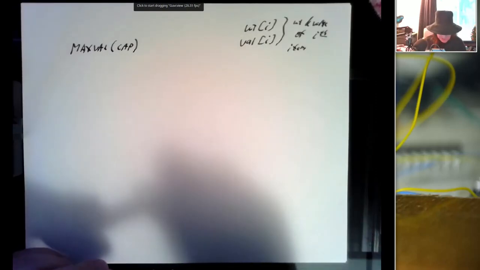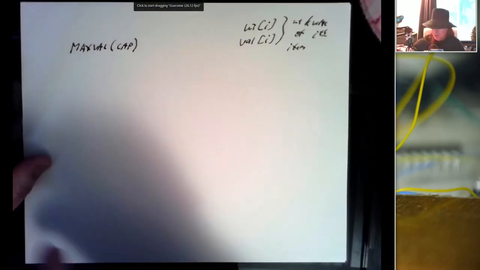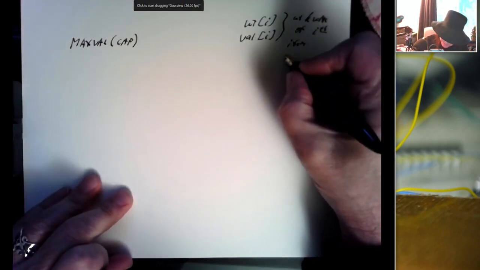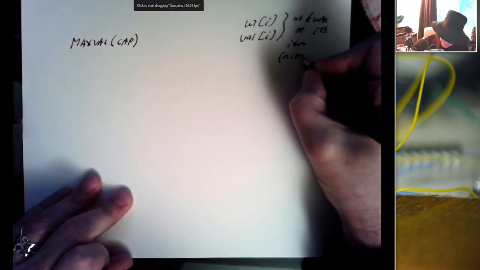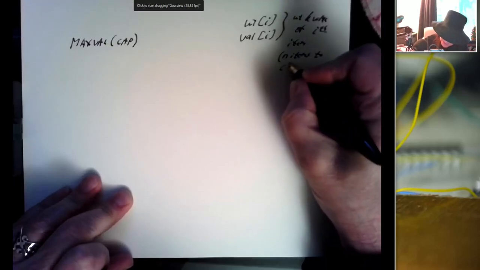And to write this function is pretty straightforward if we think about the problem a little differently. So what we're going to do is, let's suppose we have n items. So we have n items to choose from.